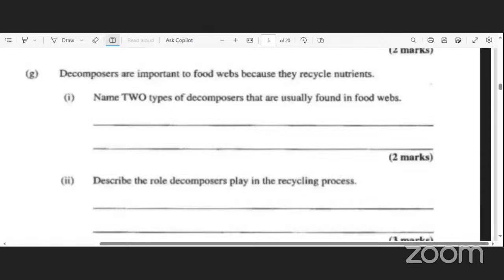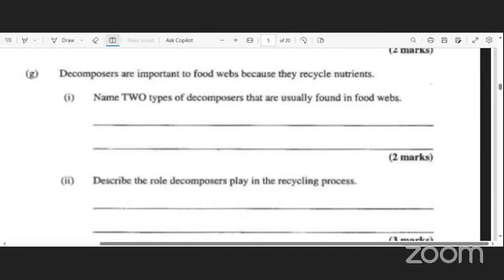So bacteria and fungi are two types of decomposers. Maggots are mostly considered detritivores, along with earthworms, though they're of similar identity.